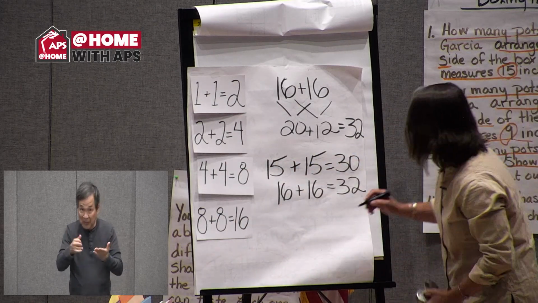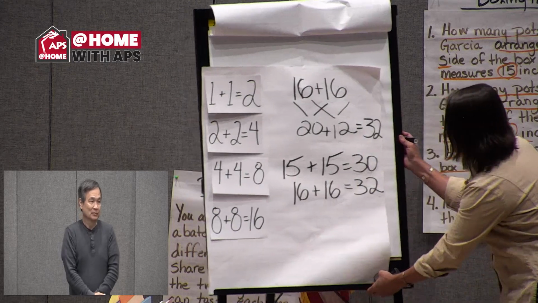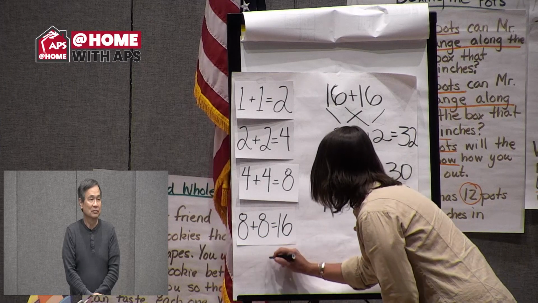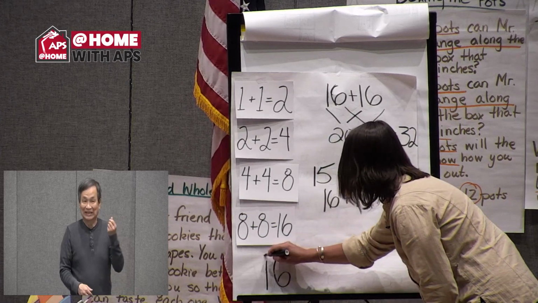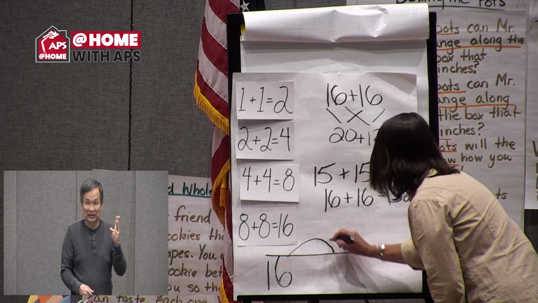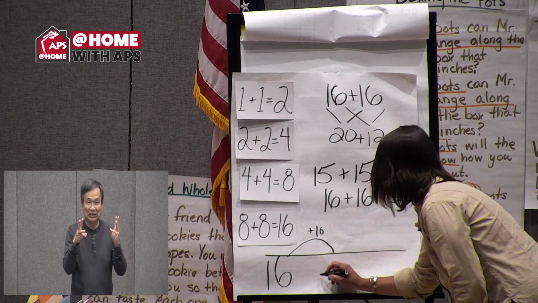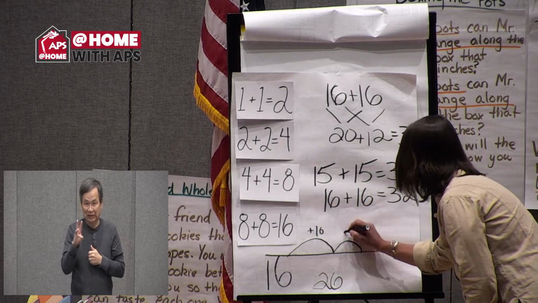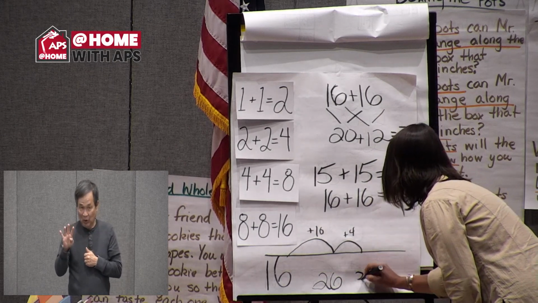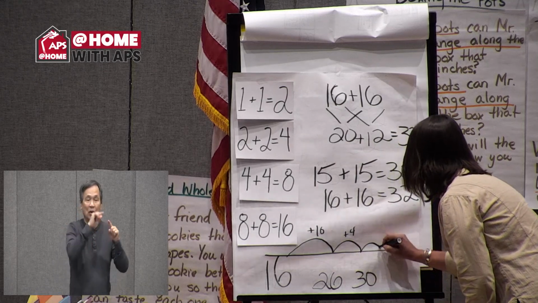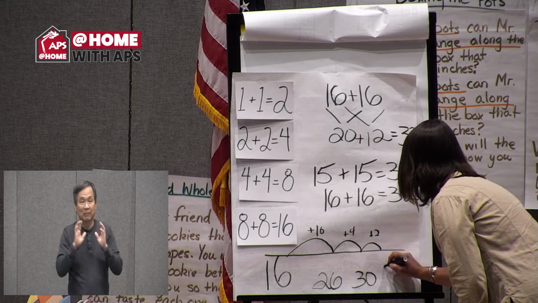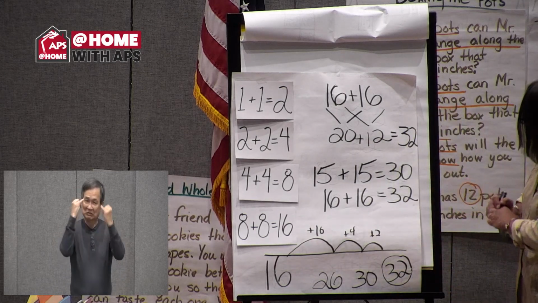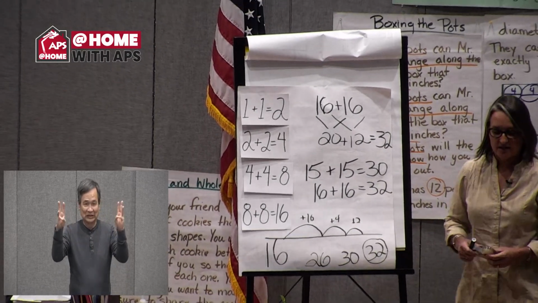Or even one more way might be to think about 16, make a big jump of 10, would get us to 26, plus a smaller jump of 4 gets us to 30, and just 2 more gets us to 32. These are all some ways you might have thought about doubling 16, our next double in the story.